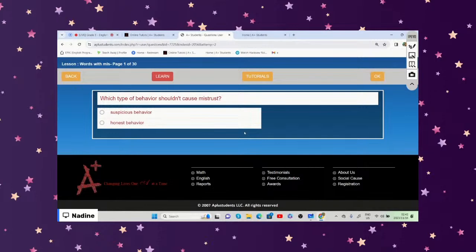So here it says, which type of behavior shouldn't cause mistrust? Is it suspicious behavior, or honest behavior?